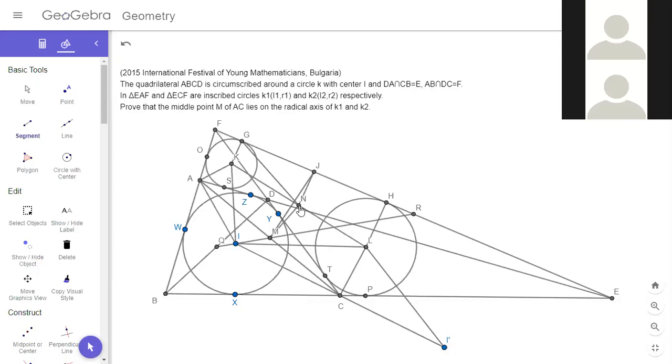And also, yeah, we have so many similar triangles. So we have NJG is similar to NMA is similar to IAK.